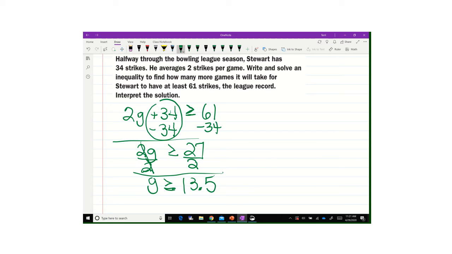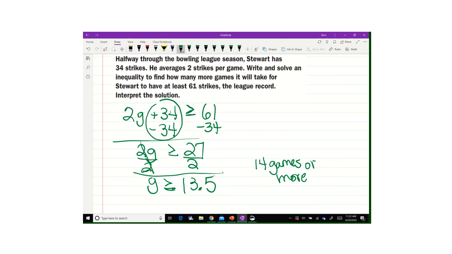So that tells me that Stuart should have at least 61 strikes after 13 and a half games. Now, we don't usually call that after a half of a game, so we would probably say that Stuart needs 14 games or more to get to his 61 strikes.